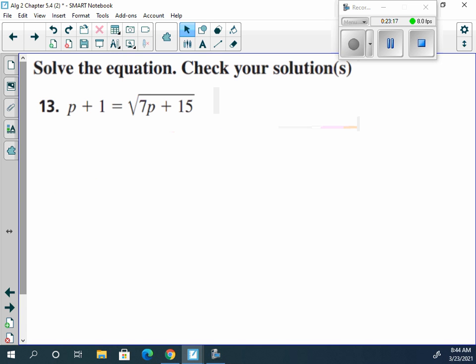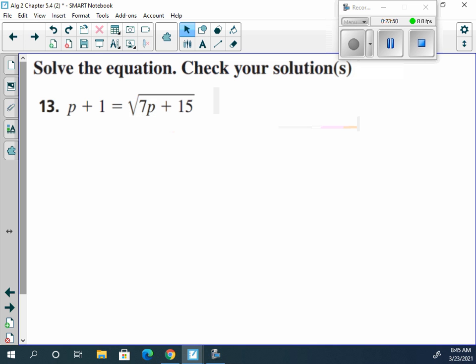All right, let's look at this here. We will have quadratics. Now, when we do any of these, we're still going to follow the same main steps.